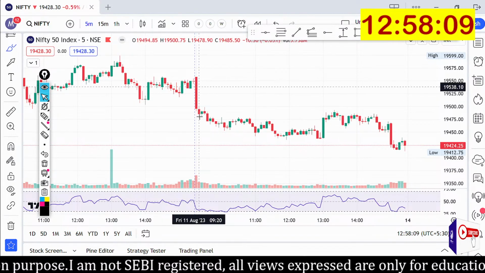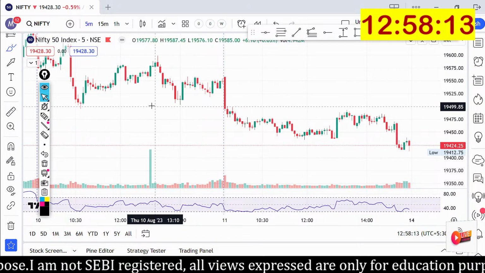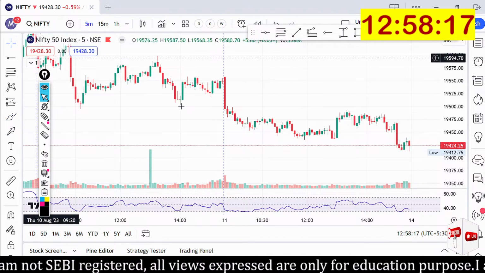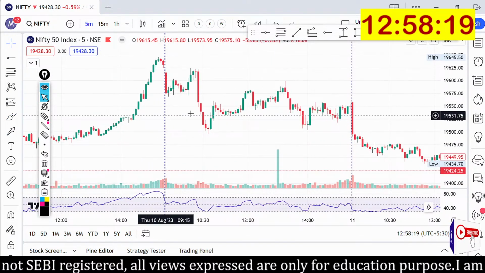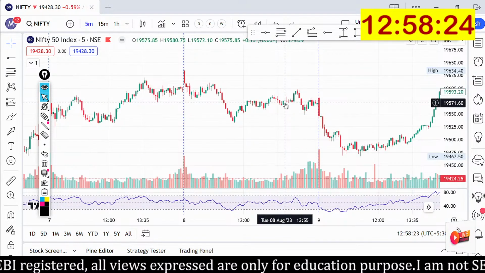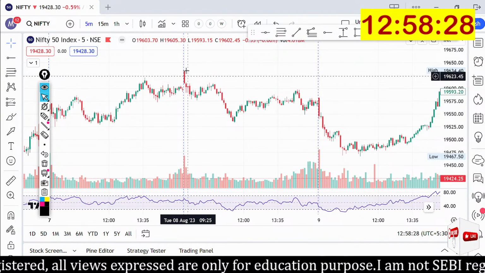So this is what we are trying to observe. An important thing we also need to understand here is how do we identify a trend. Now this one is the last thing for today. Maybe you can practice it.